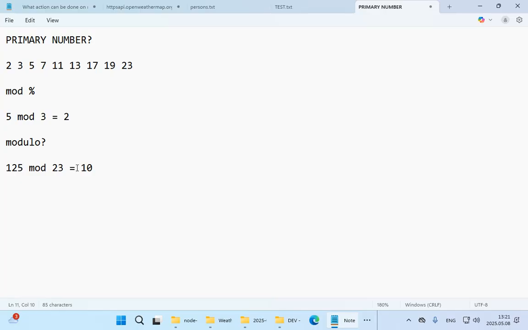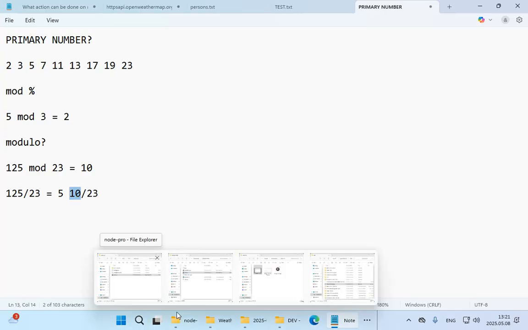If you divide 125 by 23, you get 5 as an integer part, and you have 10 left over. Do you see that? And this part is the modulo.